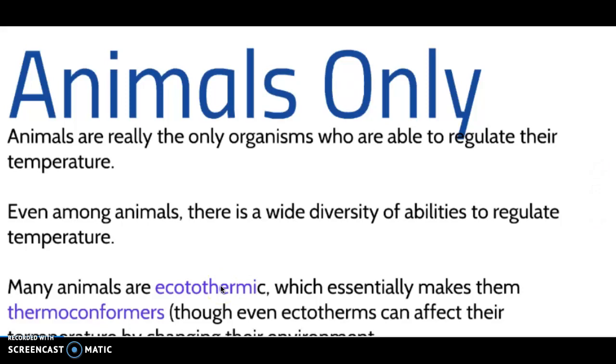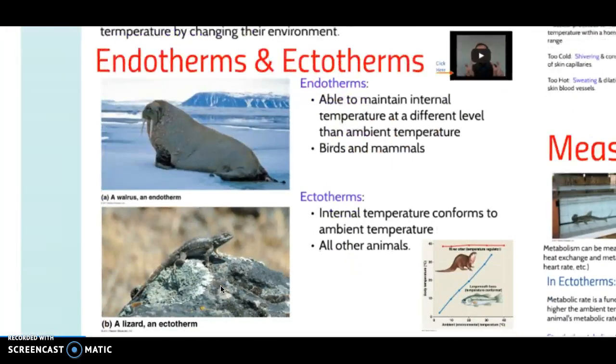Conform means it's kind of the same. So a thermal conformer, an ectotherm, has about the same body temperature as the ambient temperature, which is the environmental temperature. So those are, in general terms, the cold-blooded animals.